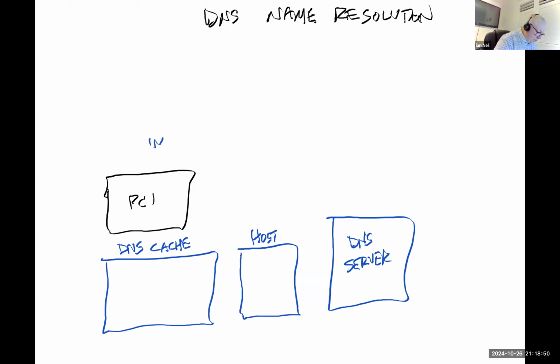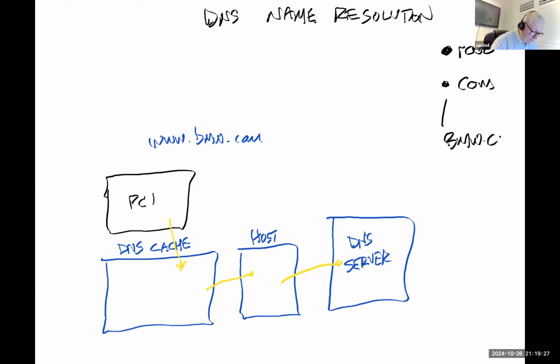So if he goes to www.bmw.com, he looks first of all inside the cache, it's empty. He looks at the host file, it's empty. He goes to his DNS server. Now, his DNS server will have to do a referral to the root, then to the .com, and then down to BMW, where they will give him the IP address of the web server.